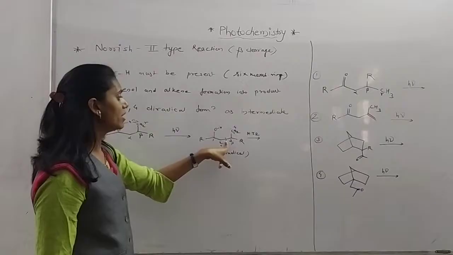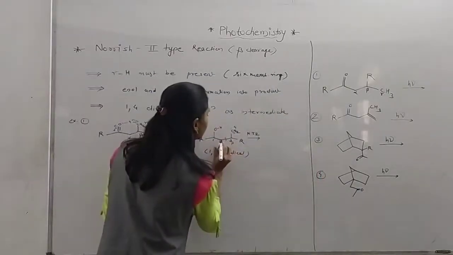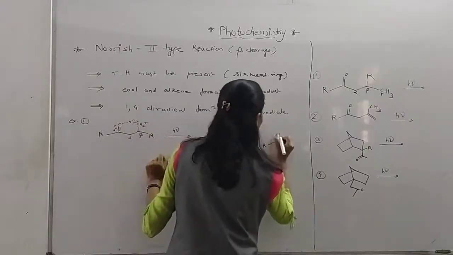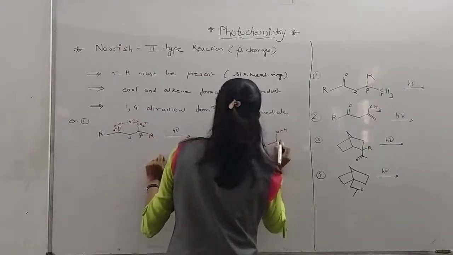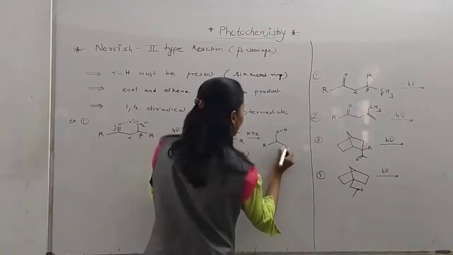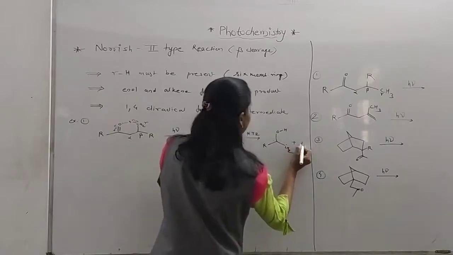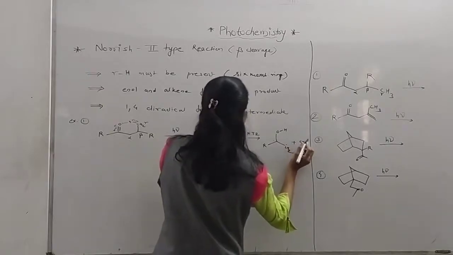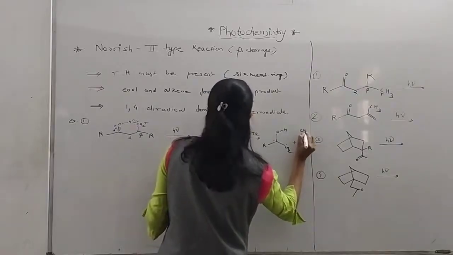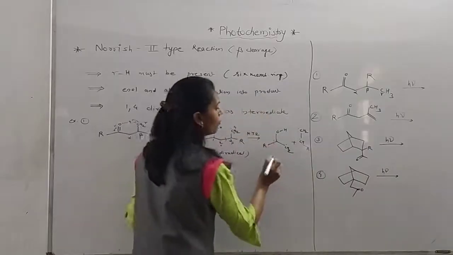Here this bond breaks and radicals form, that means this radical and this radical. This is a CH2 radical, and the other compound is the CH radical, with CH2 radical and R here. So the radicals form the bond.